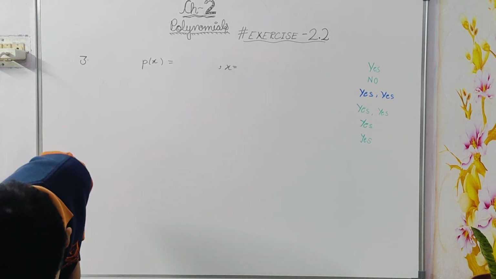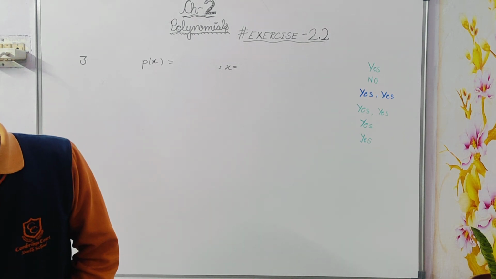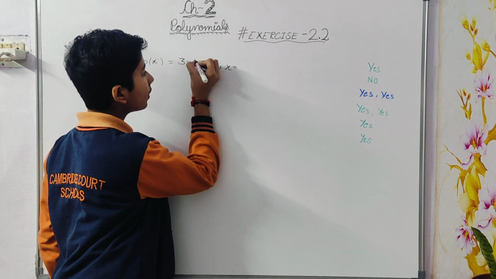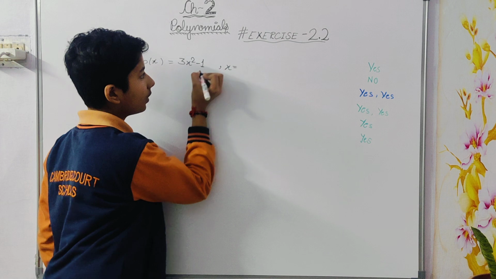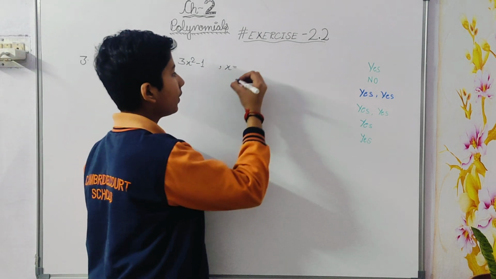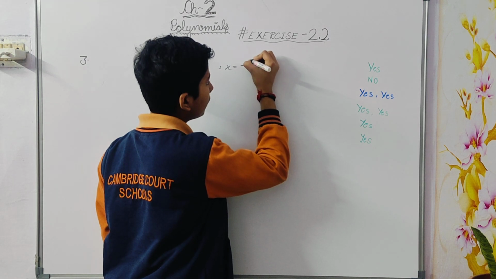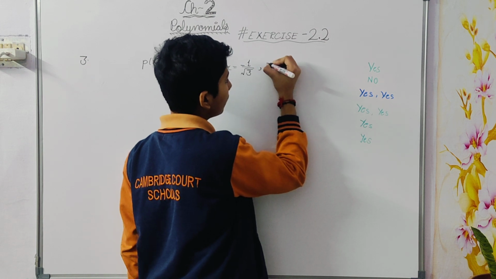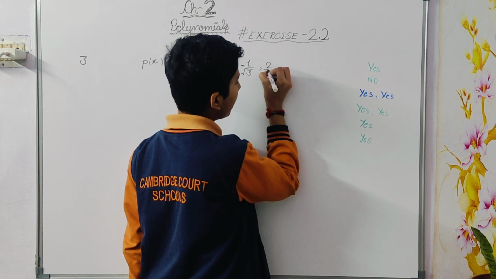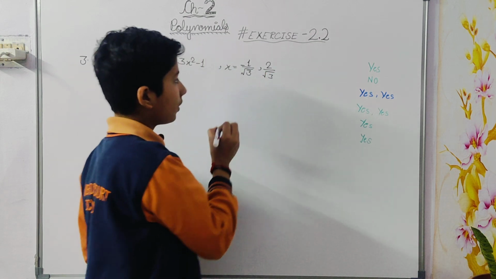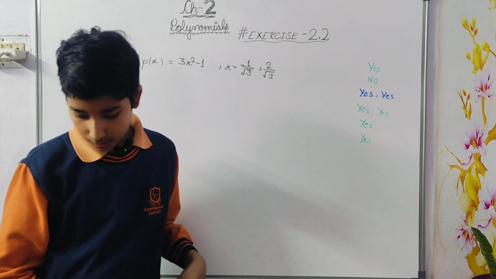Now the next question: p(x) equals 3x square minus 1, and the values of x given are minus 1 by root 3 and 2 by root 3.